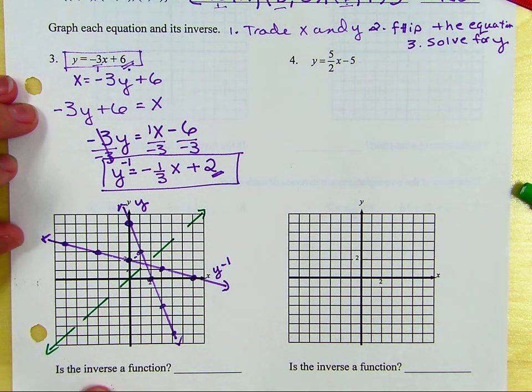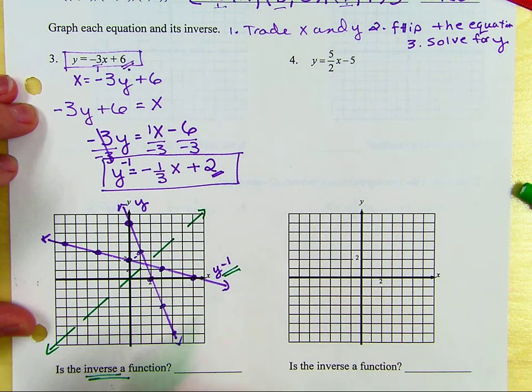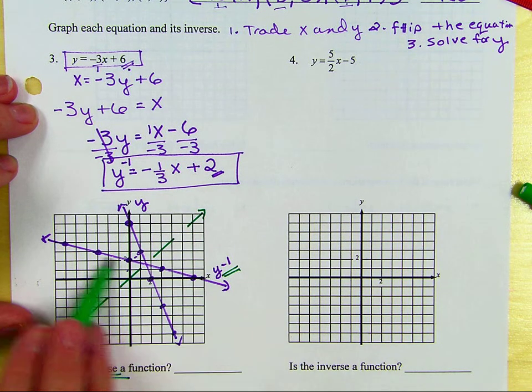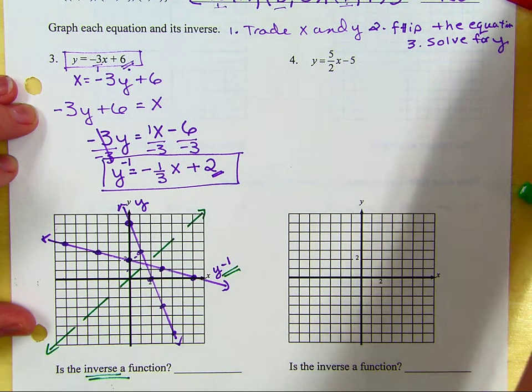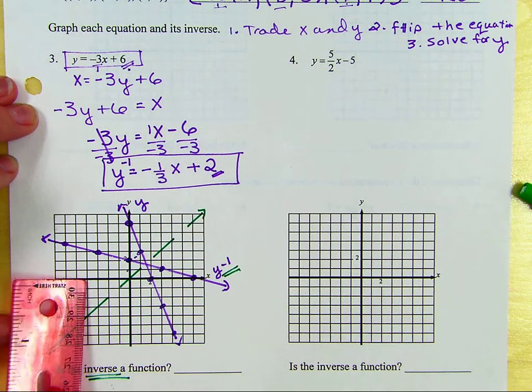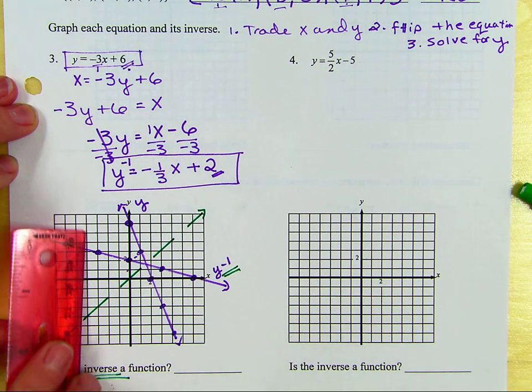Is the inverse a function? So I'm asking about this graph right here. And again, a function is when the x's don't repeat. So as I look at each x value and I look at the graph, it only hits once.